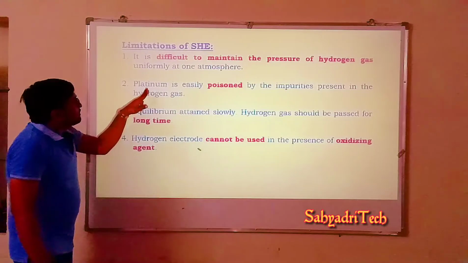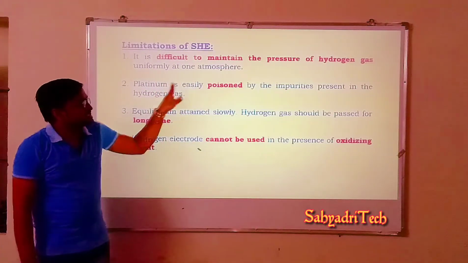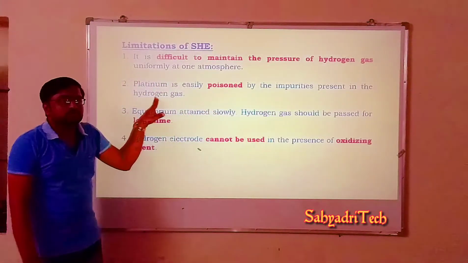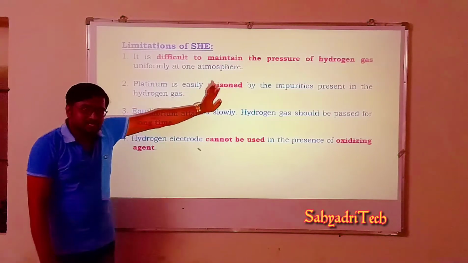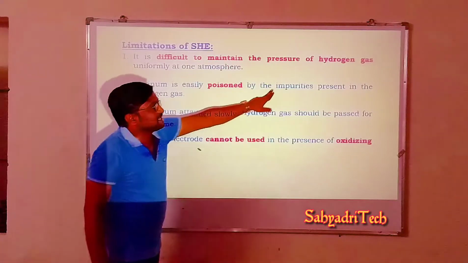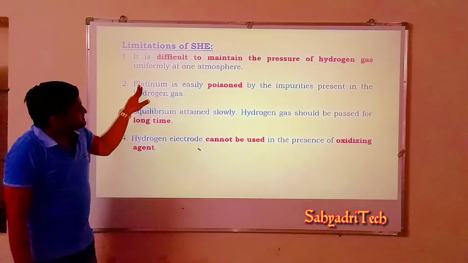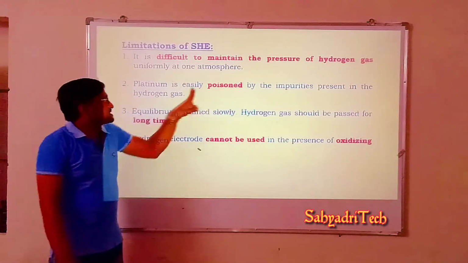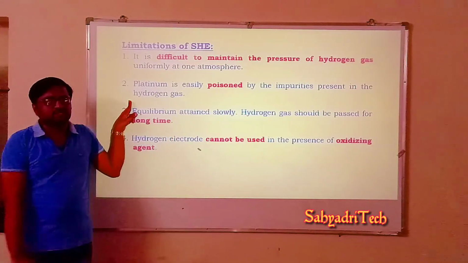Therefore, we say platinum is easily poisoned by the impurities present in the hydrogen gas. What is that impurity? If there is any gaseous molecule other than hydrogen, then it is considered an impurity. So platinum is easily poisoned by the impurities present in the hydrogen gas. So it is the second limitation.